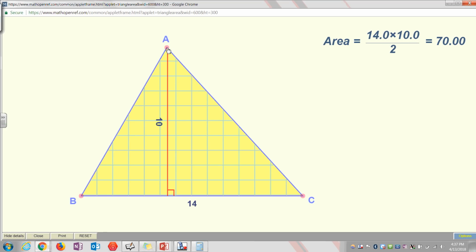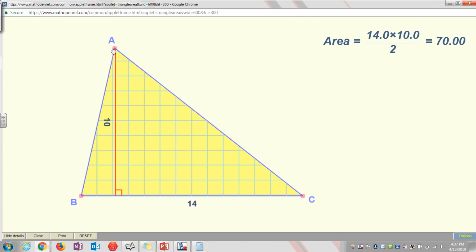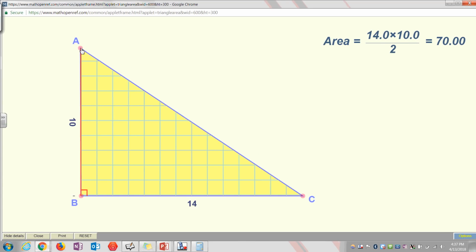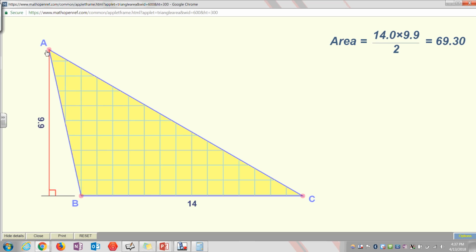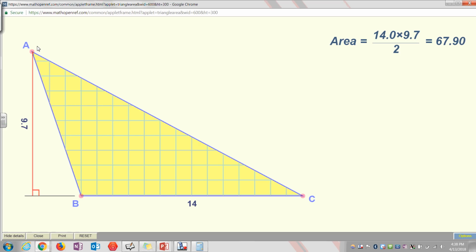Now, watch that red line. That's still an acute triangle. Looky there. Notice my height, if it's a right triangle, my height is actually on the side. Watch what happens when I drag to an obtuse. The height is now outside.